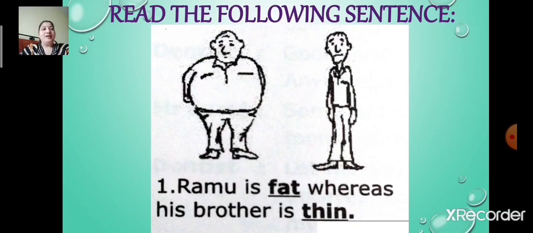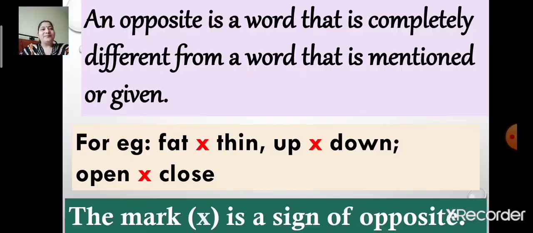So children, what is an opposite? An opposite is a word that is completely different from a word that is mentioned or given.